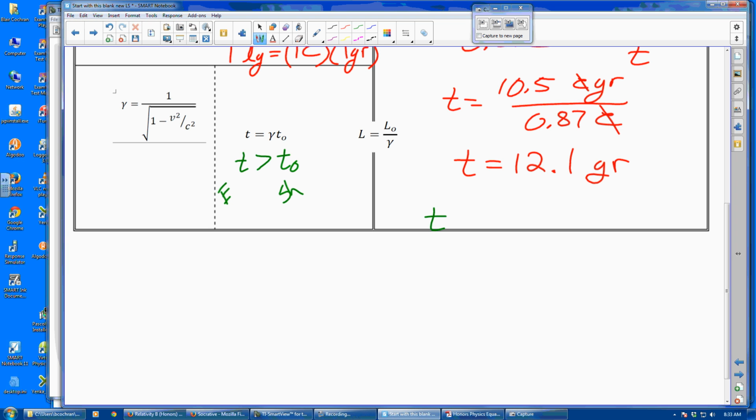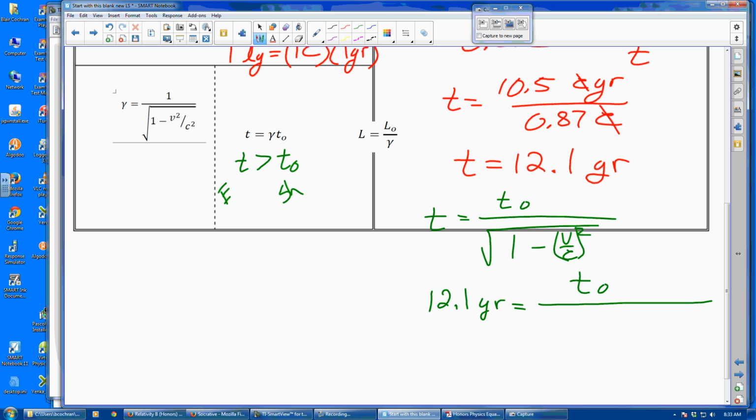So time on the Earth equals time on the ship over the square root of 1 minus v squared over c quantity squared. So 12.1 years equals the time that passes on the ship over the square root of 1 minus 0.87 c over c quantity squared.